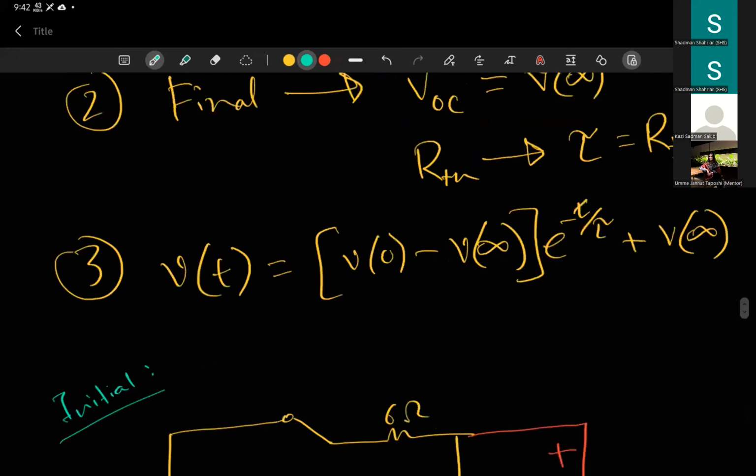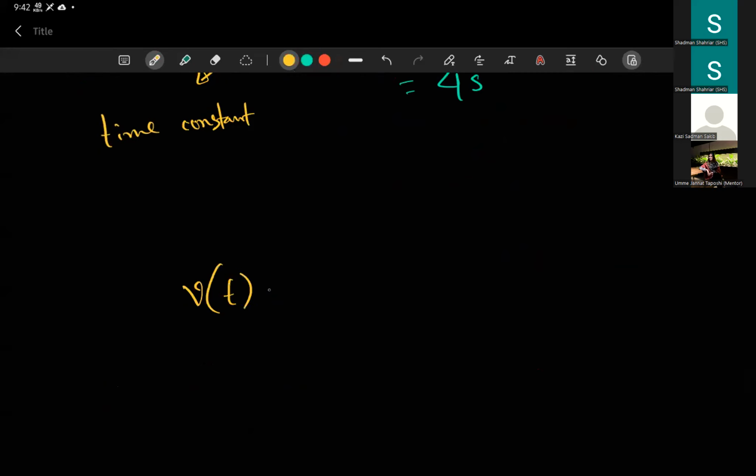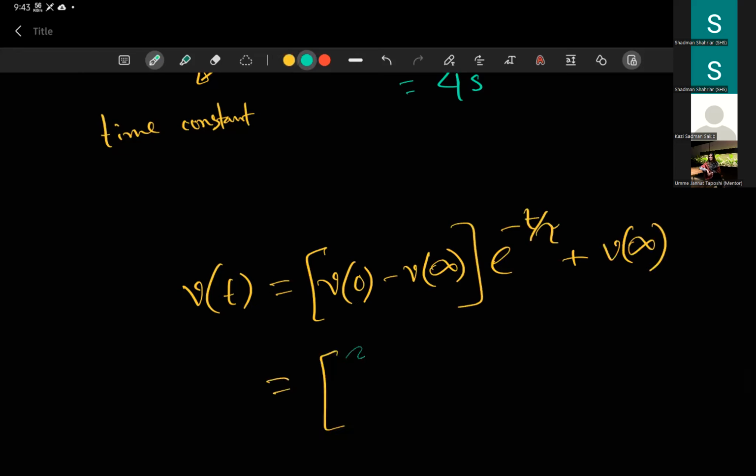So now with all these values, all you have to do is write the equation for VT. Step 3 is your VT, which is (V0 minus V infinity) times e to the power of minus t by tau, plus V infinity. Your value of V0 was 10, minus your value of V infinity, which was 4 volts, and you have e to the minus t by tau.